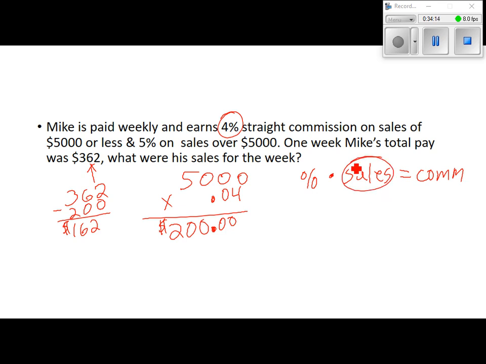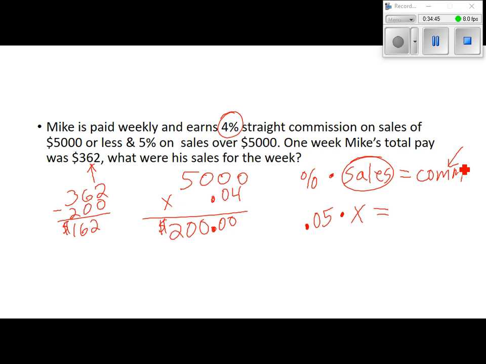So if you don't know something, what do you let it be? X, question mark, I don't care what you use. You put some variable in there. A lot of people don't like variables, put a question mark in there, I don't care. The percentage, what percentage is it? So what do we change that to? 0.05, make sure you bump it 2 places. So 0.05 times X equals, how much commission is he making?